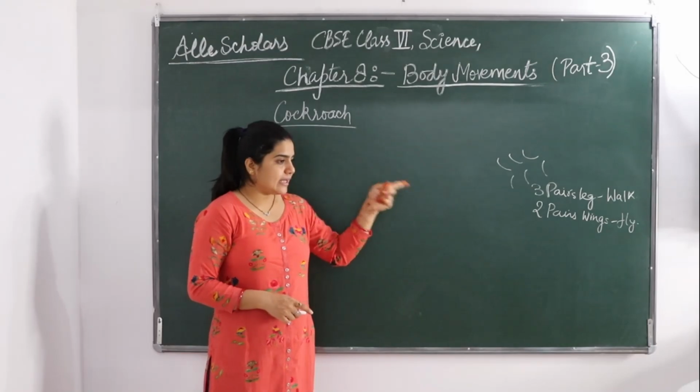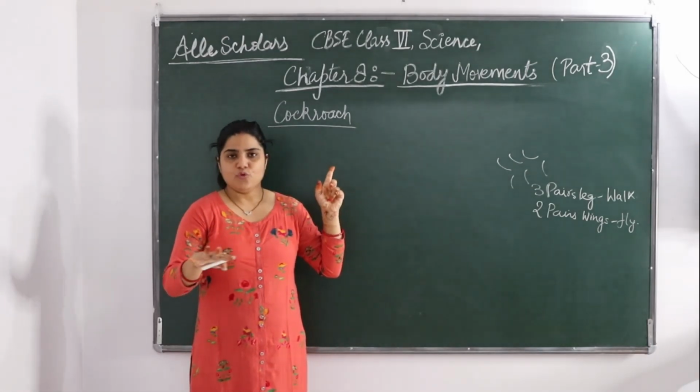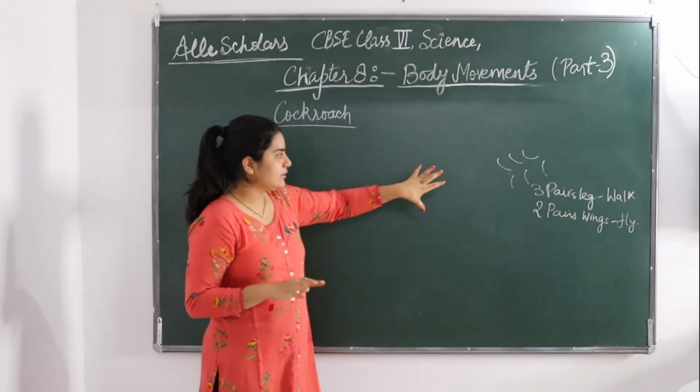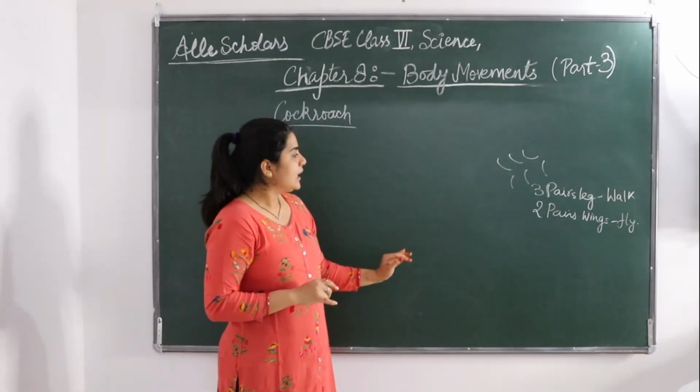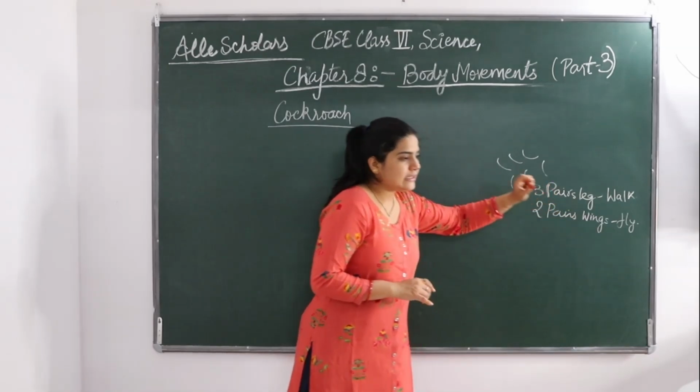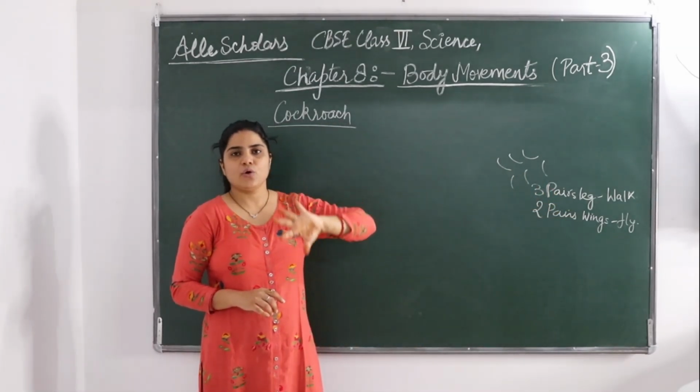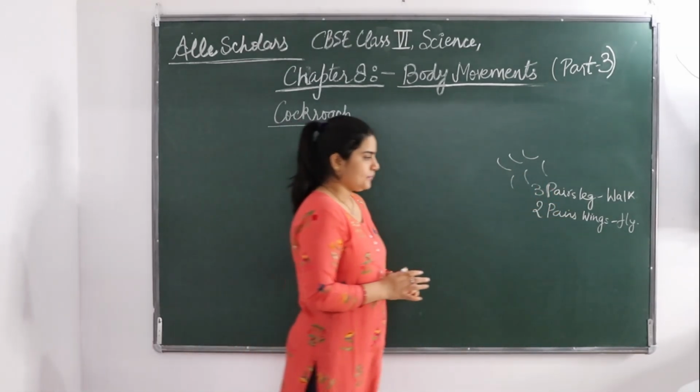Okay? So the cockroaches have distinct muscles. Those near the legs move the legs for walking. They have these leg muscles which help them for walking. These muscles of the wings help the cockroaches to fly.